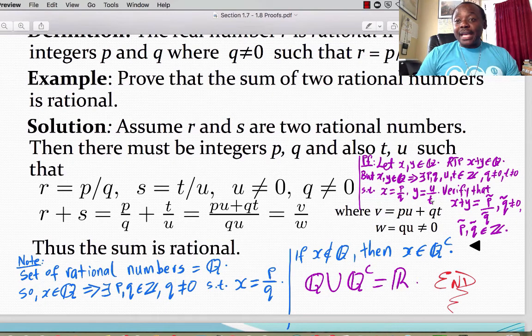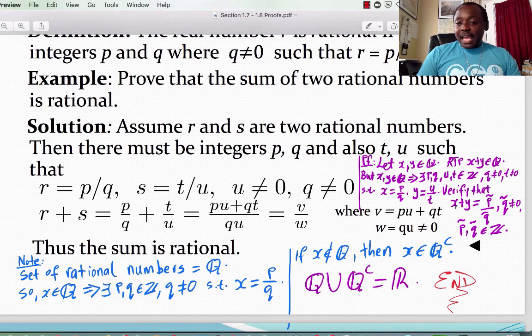Now I go ahead and compute X plus Y, which would be P divided by Q plus U divided by T, and I use my simple rules of addition of fractions, just like it's done here, and I arrive at a conclusion. And I have to prove that the numerator is an integer, the denominator is an integer, and the denominator is different from 0.